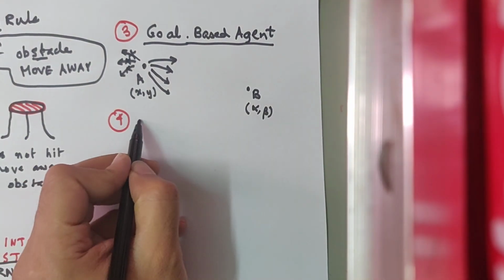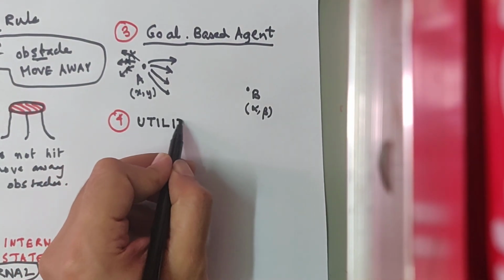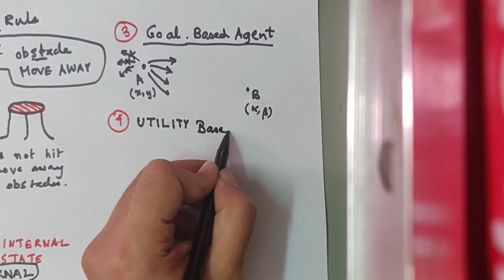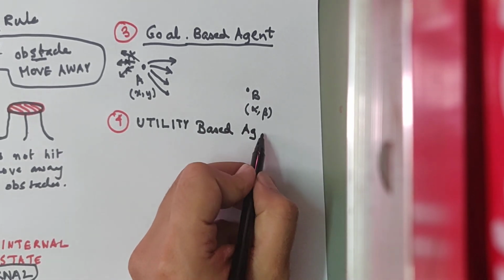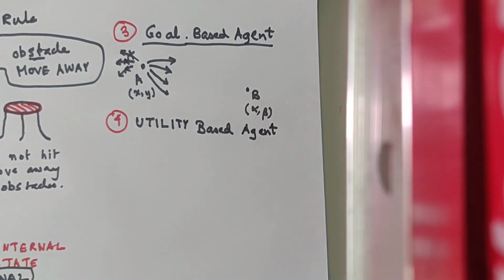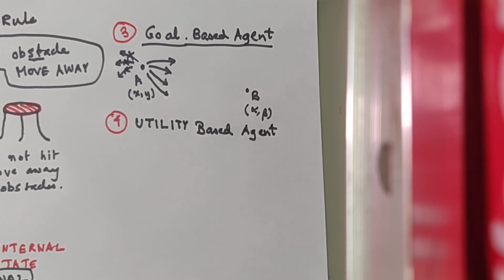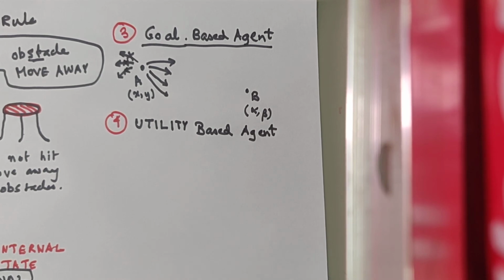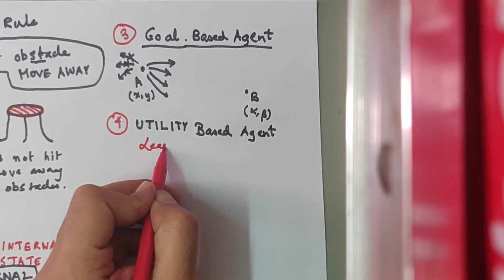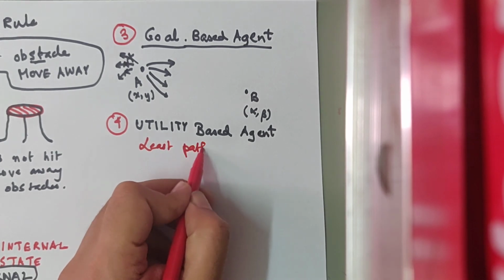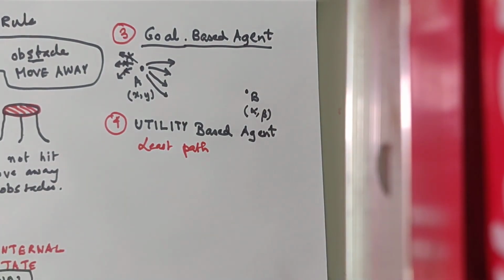That is, it should try to increase its utility. This is the fourth type, the utility-based agent. Utility-based agent is that out of the many actions that take the agent closer to the goal, only that particular action is chosen which increases the utility or total quality or behavior of the agent. In our illustration, it was the least path. For other agents it will be different.